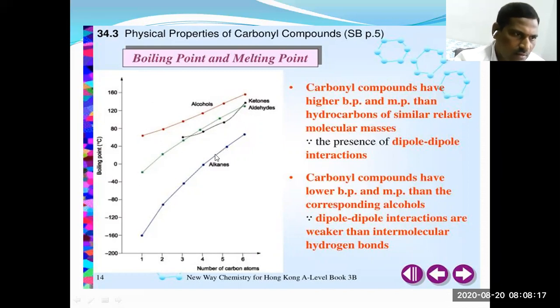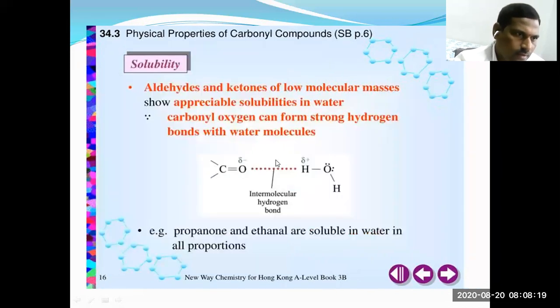See here in the graph. Now we can discuss the solubility of carbonyl compounds. Aldehydes and ketones of low molecular masses are soluble in water. This is because the carbonyl oxygen can form a strong hydrogen bond with the water molecule. The hydrogen bond is an intermolecular hydrogen bond.